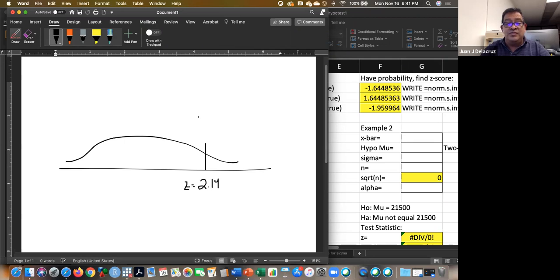All I can do is find the area to the left, but if I want to know the area to the right, I subtract 1 minus the area to the left, right? So that's what I'm going to do.